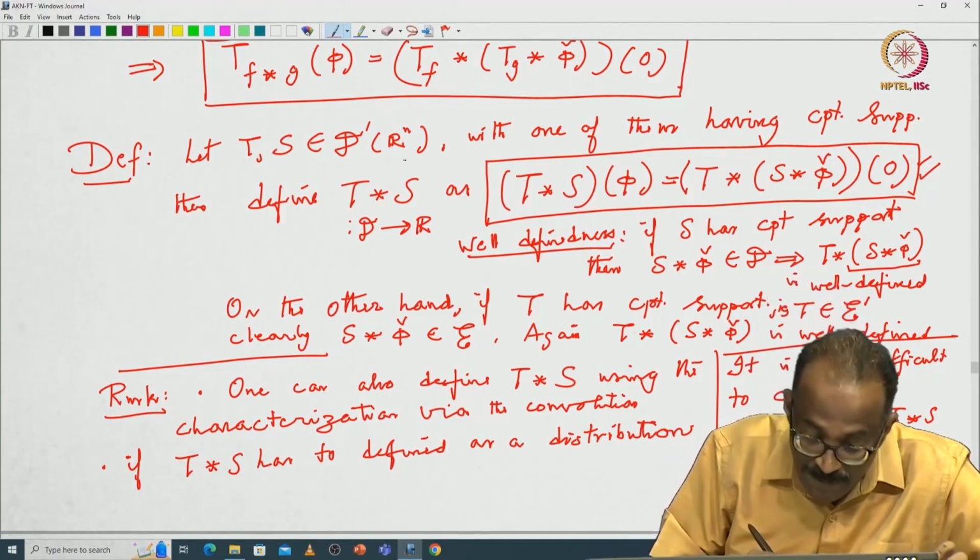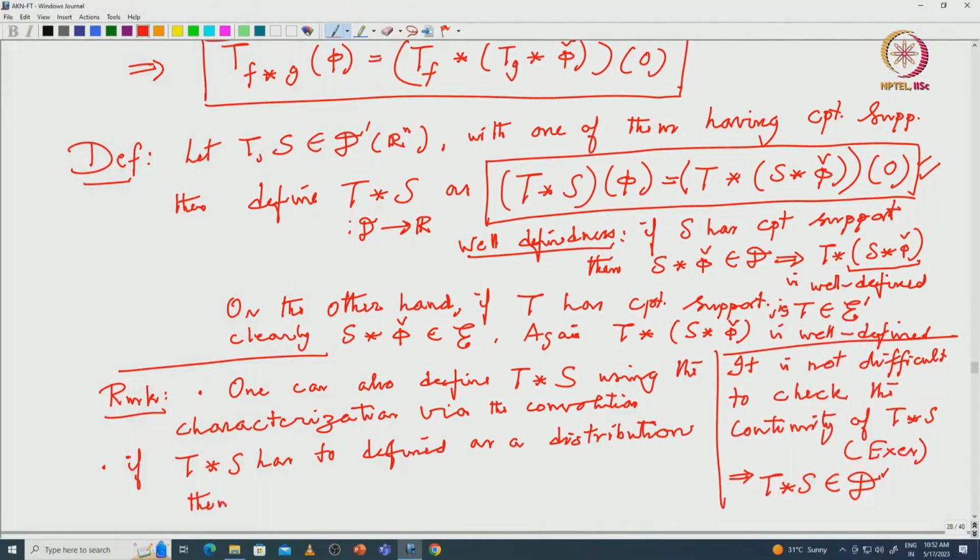Then it must satisfy, it must be given by T star of S, whatever it is, whether it exists or not, because it should satisfy T star of S star of features.